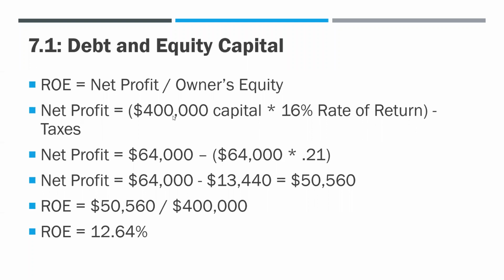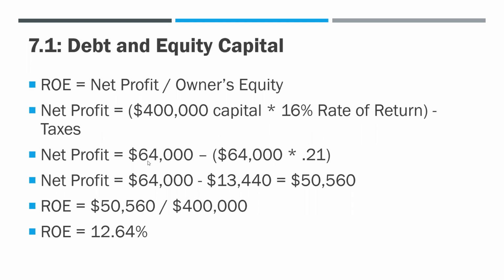So our net profit would be, once again, our 400,000 capital times the 16% rate of return minus any interest, which we can ignore in this scenario since we have no borrowing, and minus any income taxes at 21%.